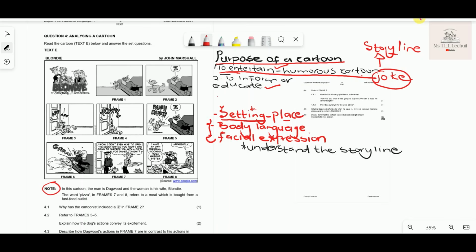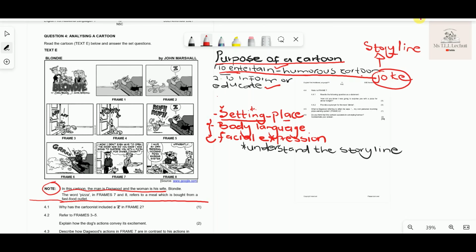For example, the cartoon that you are going to do here says: in this cartoon the man is Dark Hood and the woman is his wife, Blondie. The word pizza in frame 7 or 8 refers to a meal which is bought from a fast food outlet. So it is important to always read this note from the examiner, because it gives you clear instruction as to what to expect with reference to the relationship between characters in a cartoon.